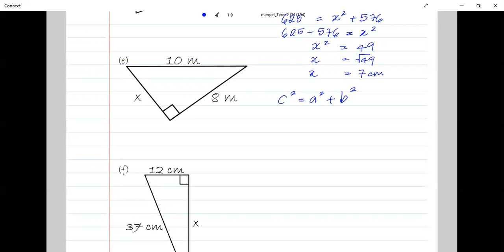Now, in the triangle at E, the hypotenuse is the side in front of the right angle, which is 10. So this is 10 squared is equal to X squared plus 8 squared. 10 squared is 100, is equal to X squared plus 8 squared, which is 64. Positive 64 goes over and becomes negative.